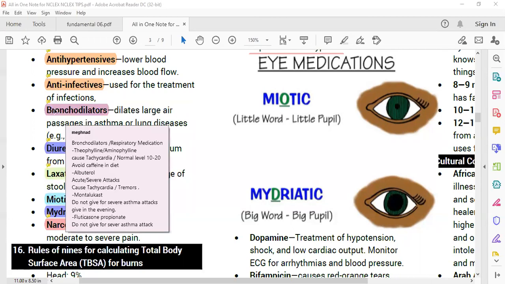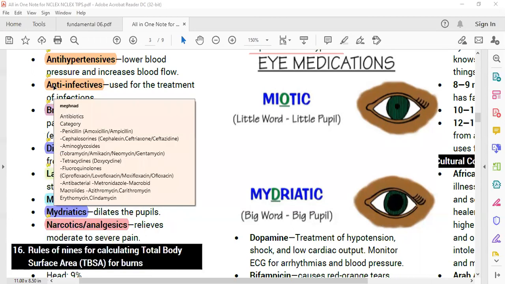The next group we wrote here, aminoglycosides. The strongest members are vancomycin, streptomycin, azithromycin, or gentamicin.